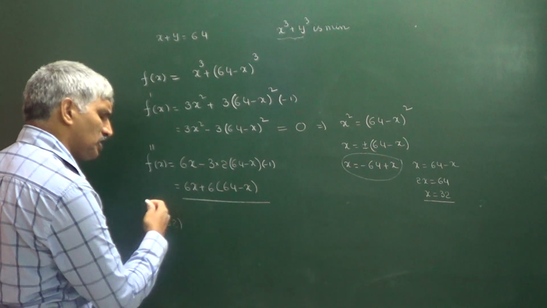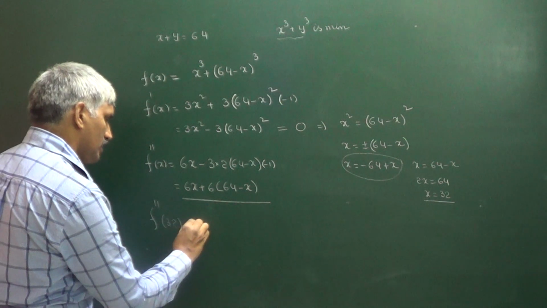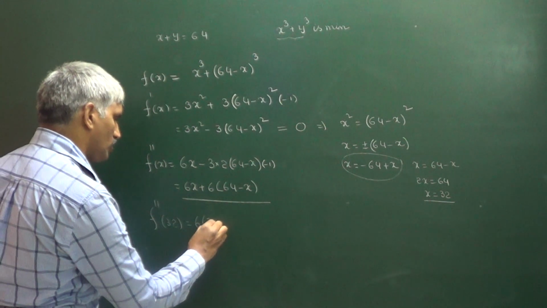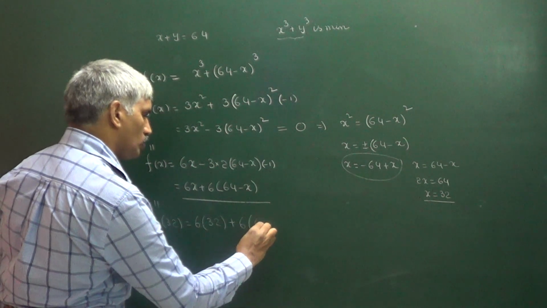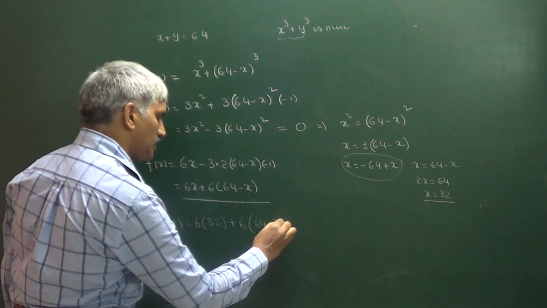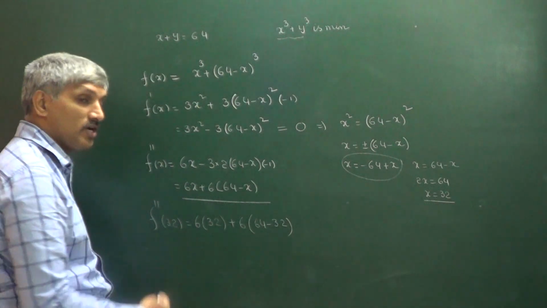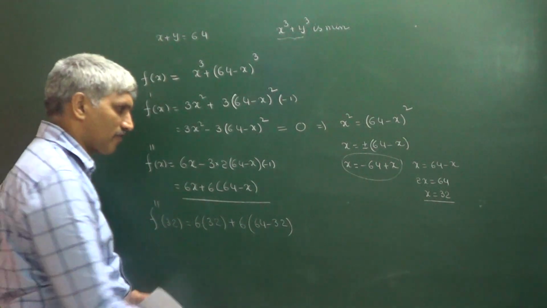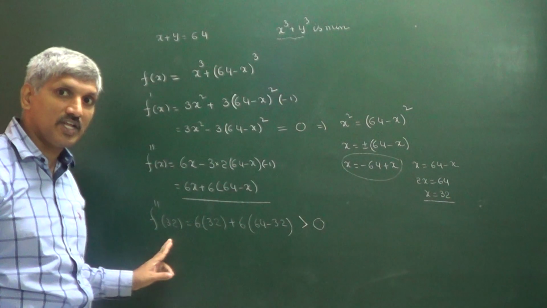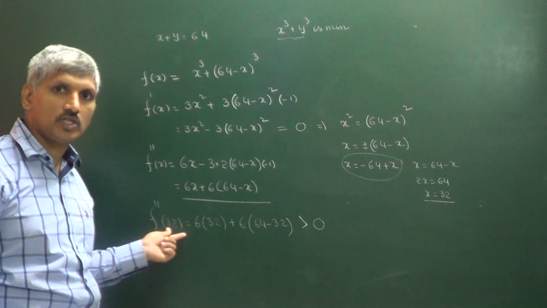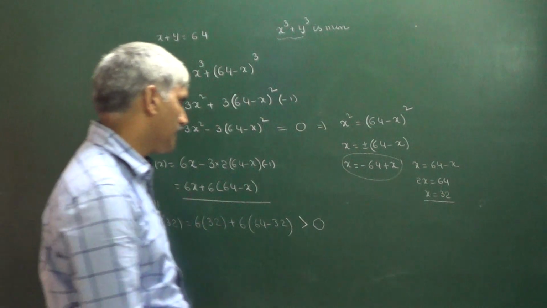No need to simplify. Clearly f double dash of 32 is equal to 6 into 32 plus 6 into (64 minus 32). No doubt, this is greater than 0. The second derivative at x is equal to 32 is greater than 0.